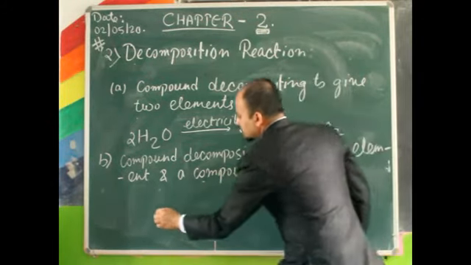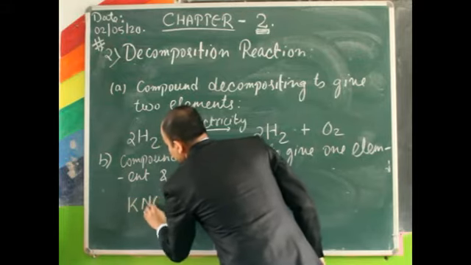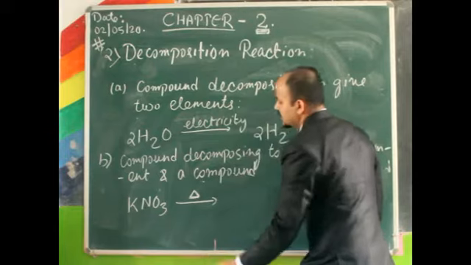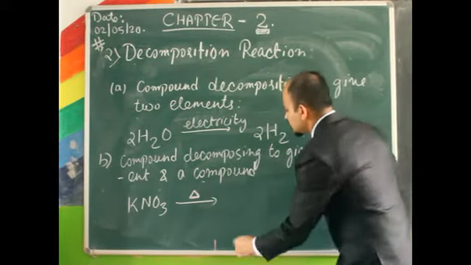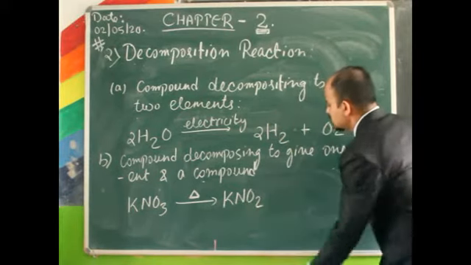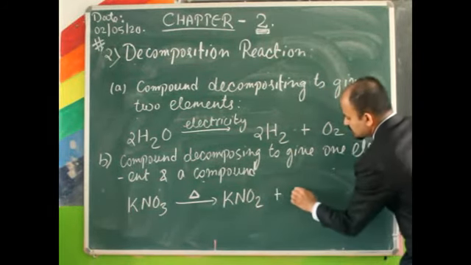For example, potassium nitrate. Whenever potassium nitrate is heated, this is the sign for heat, it decomposes to give two products. One is potassium nitrite and the other one is oxygen.